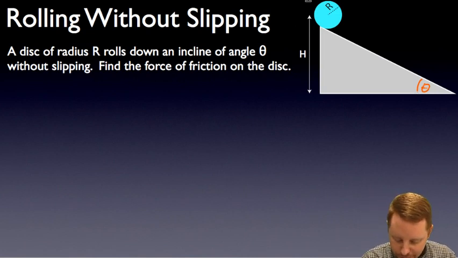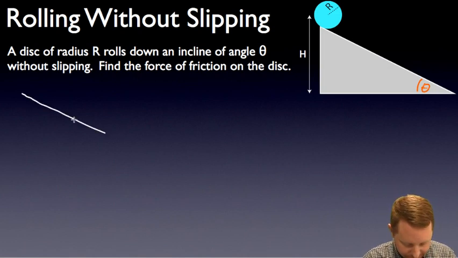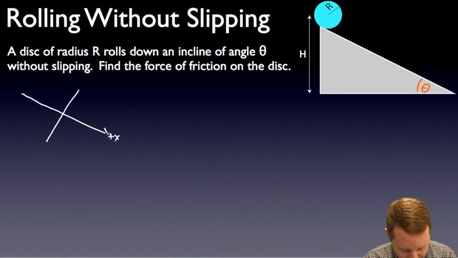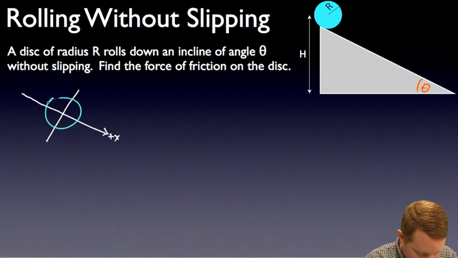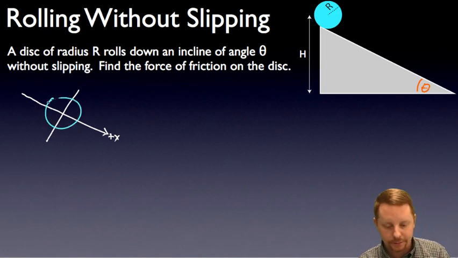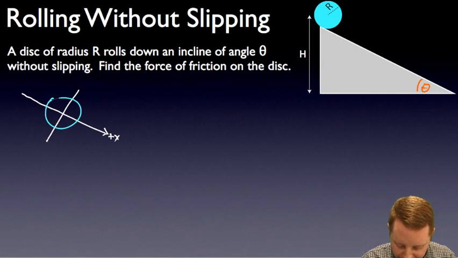First thing I'm going to do, probably draw a free body diagram. So there's our x-axis, there's our y. We'll call down the ramp the positive x direction, and we have our disk centered on our free body diagram. Forces acting on it, well, we must have its weight, mg.